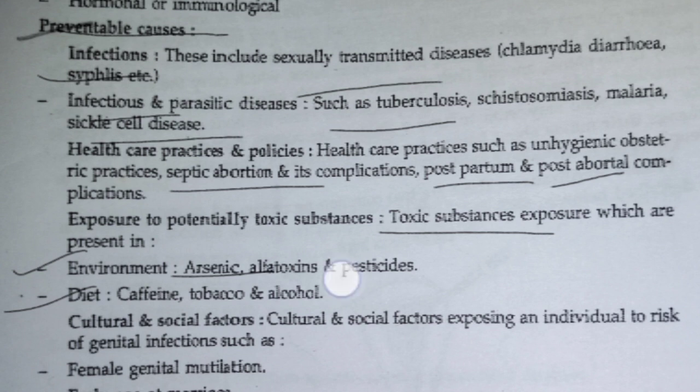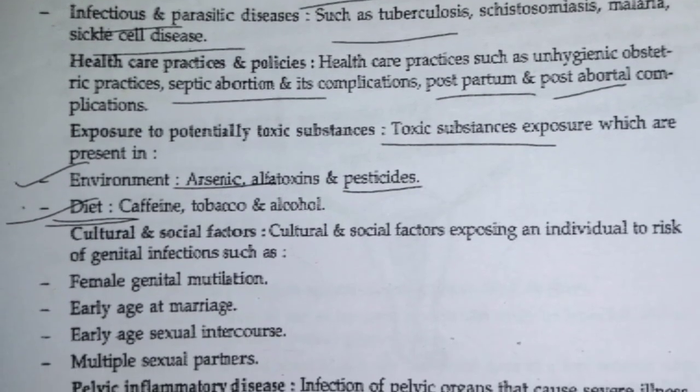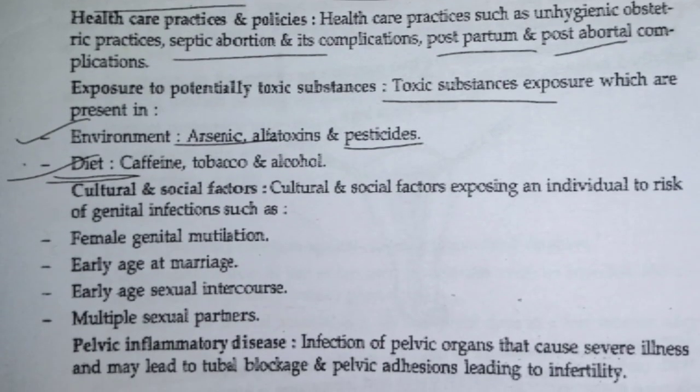And if she is working in agriculture, pesticides will be used, and she is inhaling the pesticide spray, then that will affect her pregnancy and her reproductive system. And in lifestyle, that is diet, if the woman is involved in alcohol and tobacco use, that also delays pregnancy.